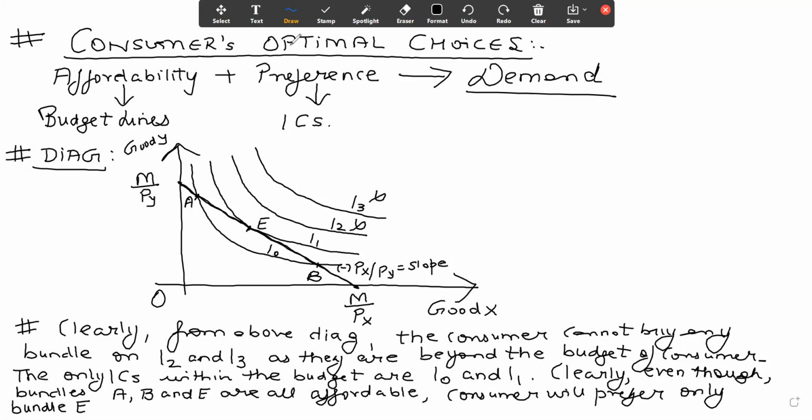Because it lies on a higher indifference curve compared to bundles A and B.